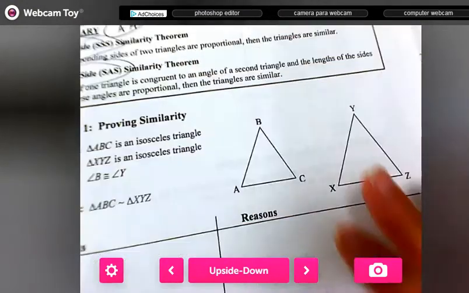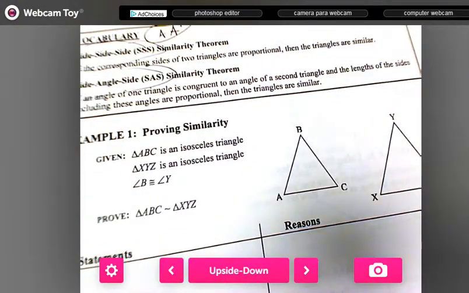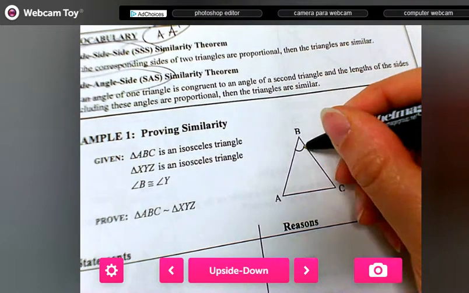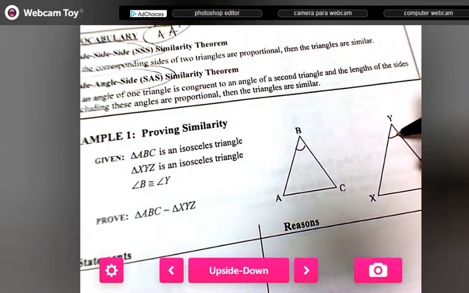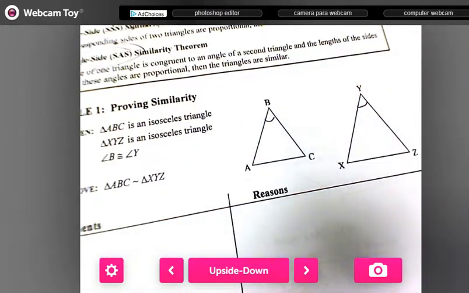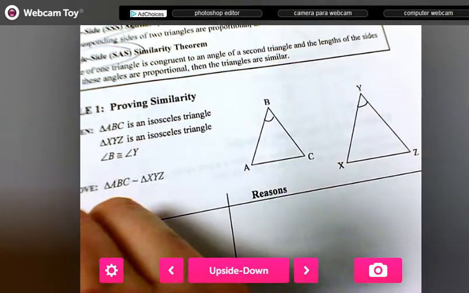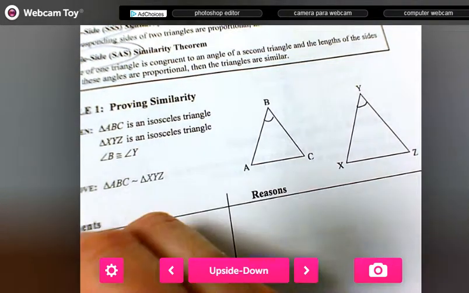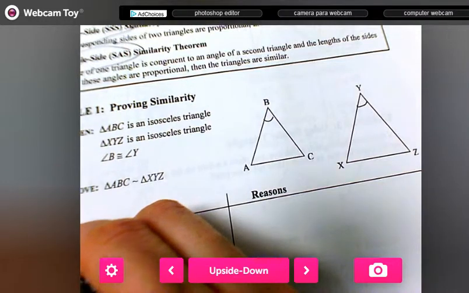Okay, our first proof. ABC is an isosceles triangle, and XYZ is an isosceles triangle, and angle B is congruent to angle Y. So the first thing we're going to write down are the givens. We can say triangle ABC is isosceles.